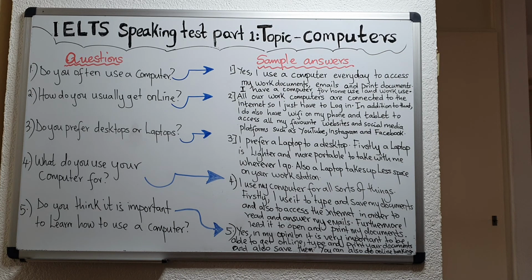And then words like portable, less space, workstation, work table, okay. Words like type, save documents, access the internet, read and answer emails, okay, open and print documents, all right, get online, type and print your documents and save them, online banking.